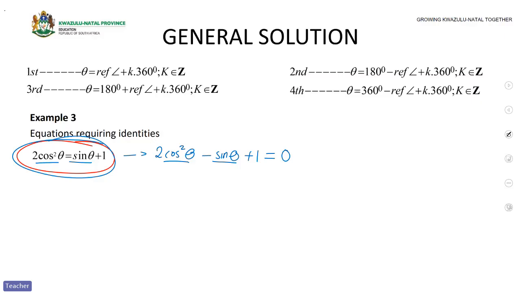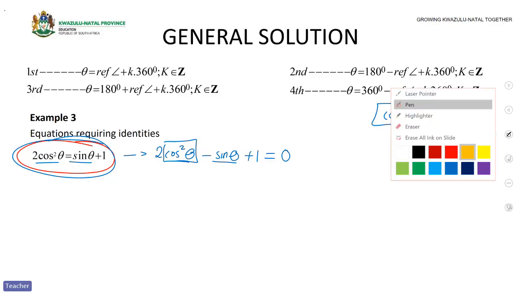As you can see here, we have cos squared theta, and we know that cos squared theta is an identity. We know that it is equal to 1 minus sine squared theta. So whenever you see cos squared theta, you should know that it's still the same as 1 minus sine squared theta because it is an identity.